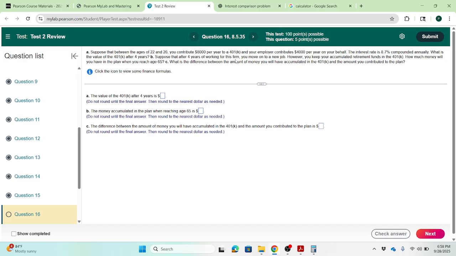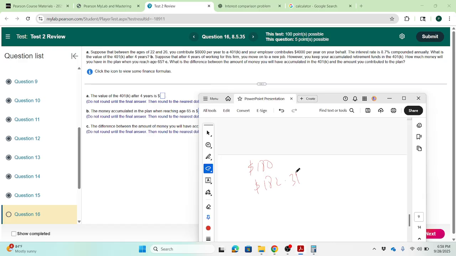So you and your employer contribute 12,000 bucks per year. That's your contribution. And then the rate is 8.7%. So that's R. The time is 4 years. After 4 years, how much money will you have?